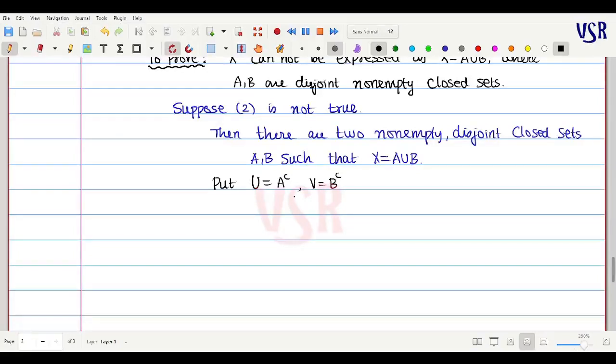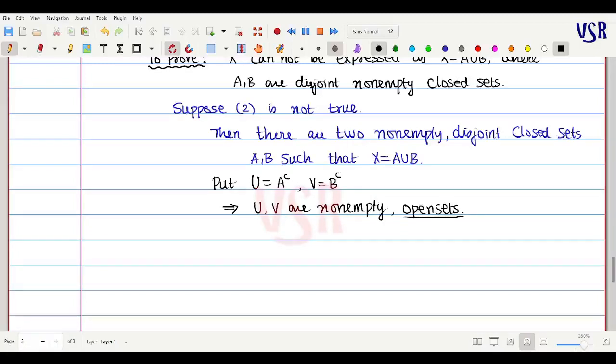This implies that U, V are non-empty open sets. Correct? Since A is closed, A complement is open; B is closed, so B complement is open. B complement is V and A complement is U, so U and V are open sets.